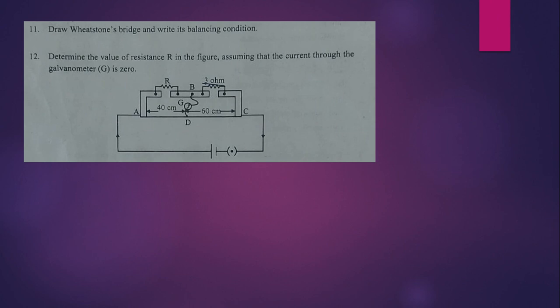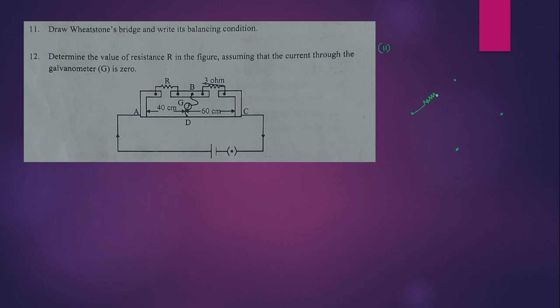Draw the Wheatstone bridge and write its balancing condition, number 11. So we know the Wheatstone bridge is a bridge type structure with 4 resistances.